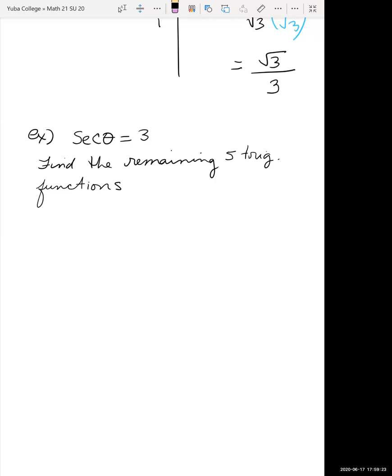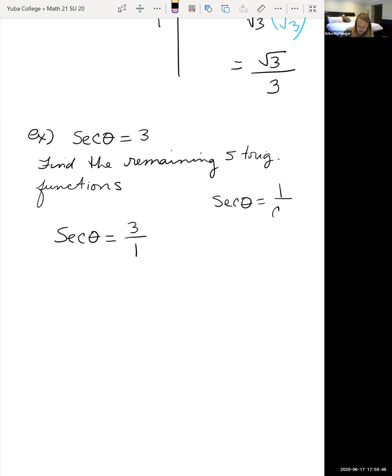Since secant theta is not a fraction, that means it would be h over a, and the a would be 1, and the h would be 3. So secant theta, we could rewrite 3 as a fraction as 3 over 1. So recall, and if you don't remember what secant theta is, we can quickly derive what the ratio of the sides are. We know this is 1 over cosine theta.